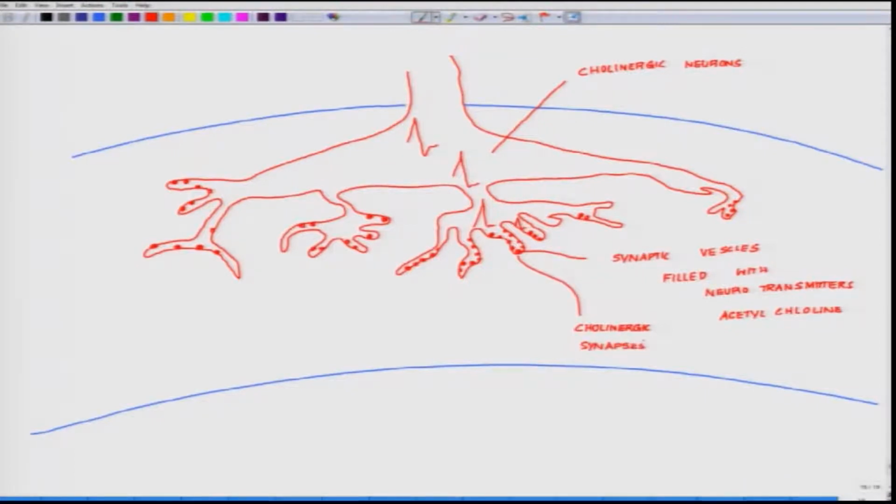Now, at the cholinergic synapses, when the electrical signal reaches here, these neurotransmitters are secreted at this synaptic space. This is the synaptic space.